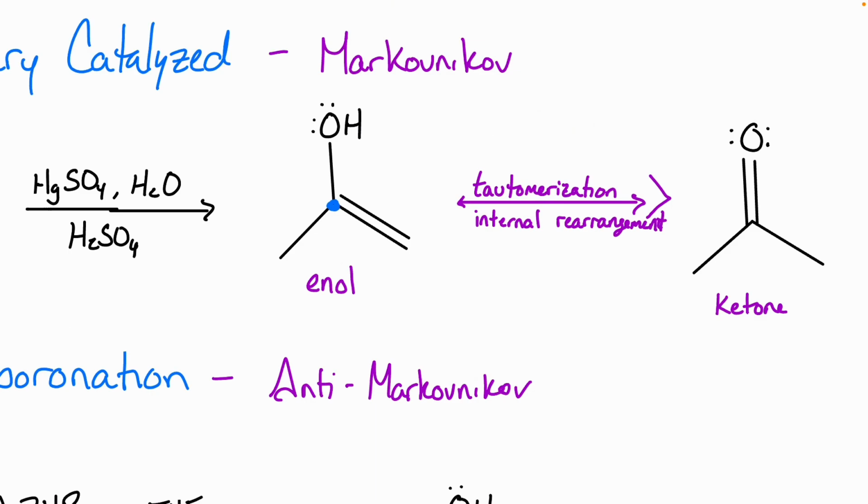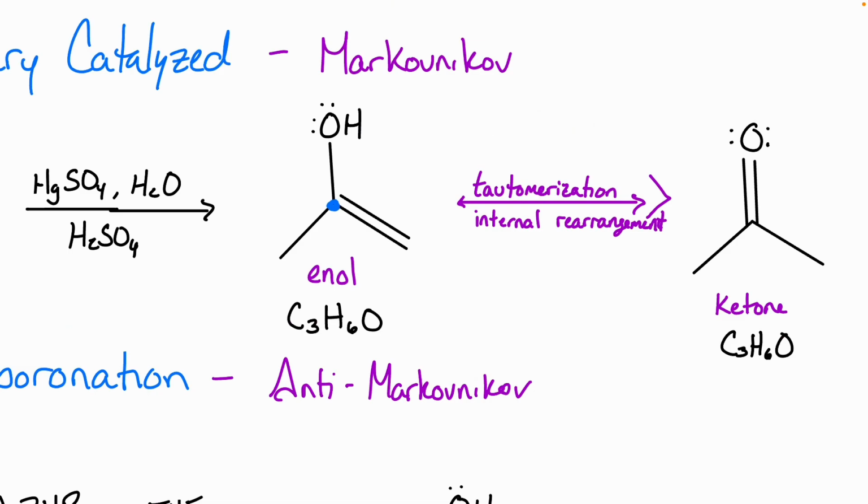All right, and what do I mean by internal rearrangement? I have the same number of carbons, same number of hydrogens, same number of oxygens. I've just rearranged them in my molecule. All right, so this is C3H6O. This is also C3H6O.